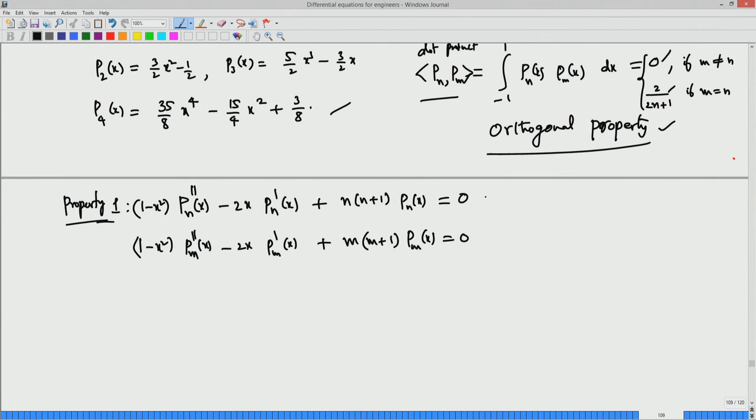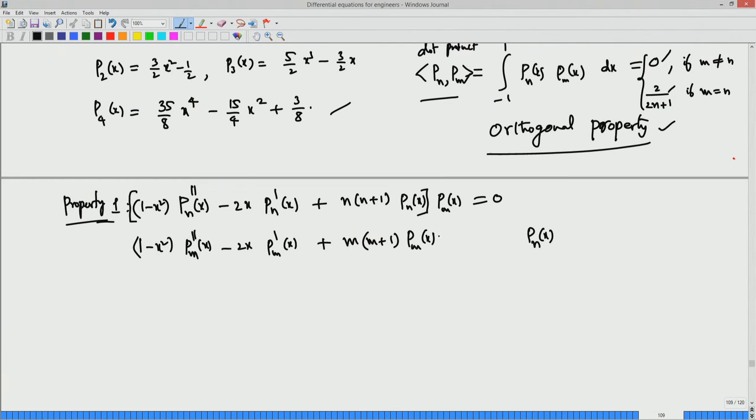What I do is multiply the first equation with Pm of x, and multiply the second equation with Pn of x, both sides, each equal to 0.